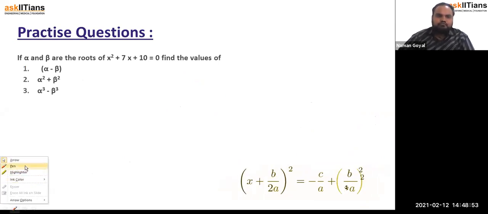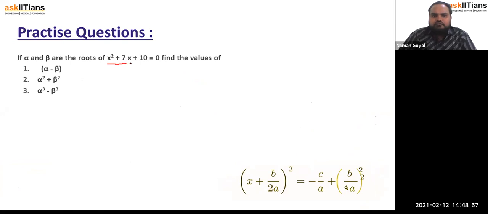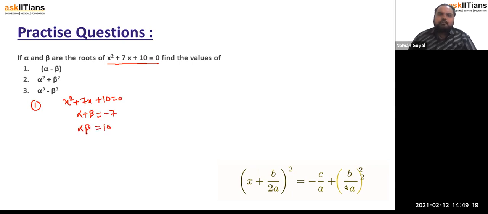Okay, listen. If a quadratic equation x square plus 7x plus 10 is equal to 0, and alpha, beta are the roots, then find the value of alpha minus beta. So for the first part, x square plus 7x plus 10 is equal to 0. So we can say that alpha plus beta is minus 7, alpha beta is 10, isn't it?